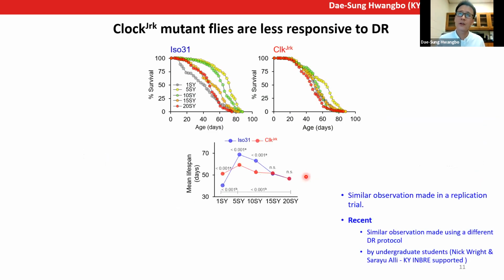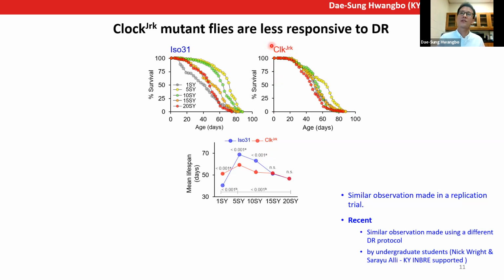So to make a long story short, ISO31 is one of the wild types that people use in the field. As you can see, you see a nice lifespan modulation by different diets. This is blue, this is the best one, and then a concentration-dependent decrease. But if you measure lifespan of clock mutants, so Clk jrk, there's a clock jerk allele of the clock gene.